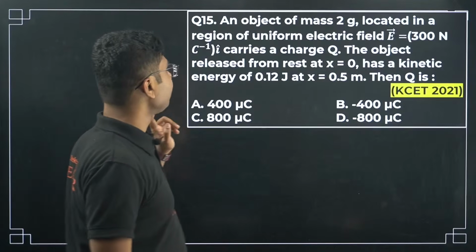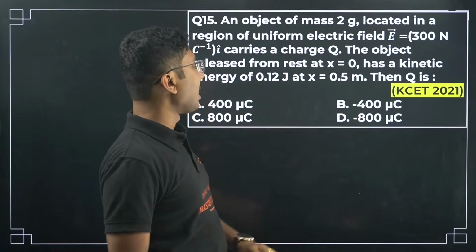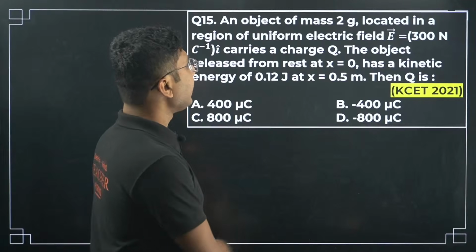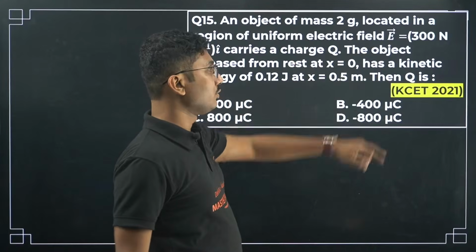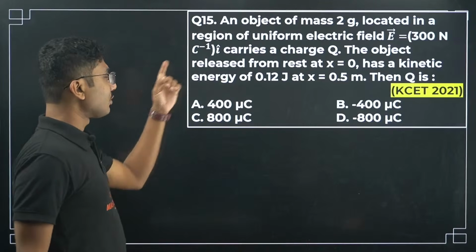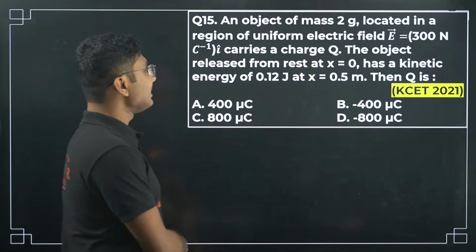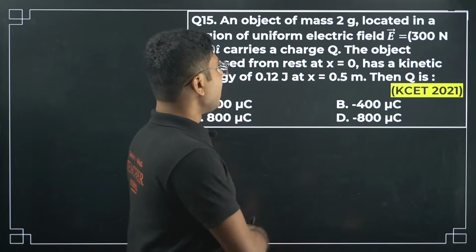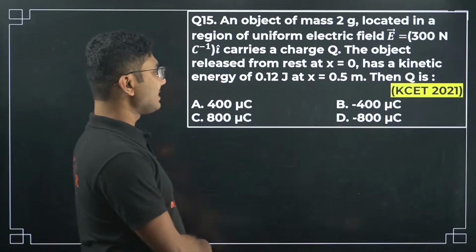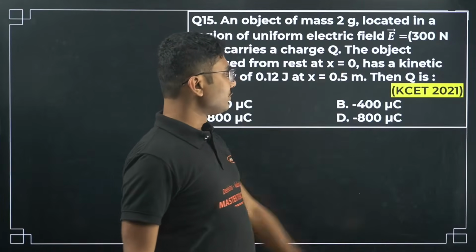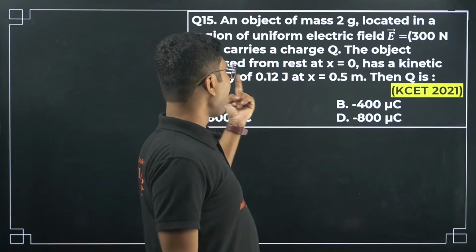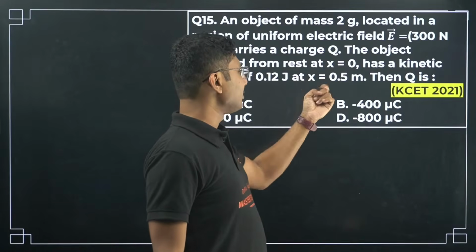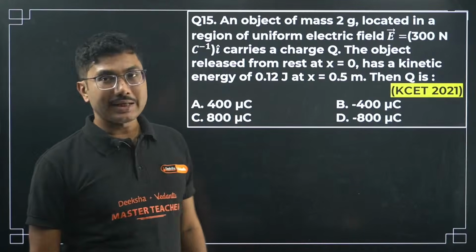Now next question. An object of mass 2 grams located in a region of uniform electric field E equals 300 i-cap Newton per coulomb carries a charge Q. The object released from rest at x equals 0 has a kinetic energy of 0.12 joules at x equals 0.5 meter. Then Q is.